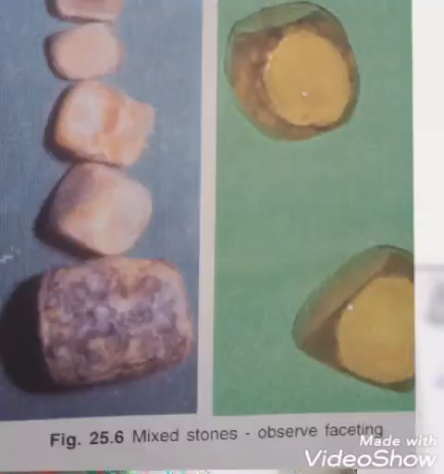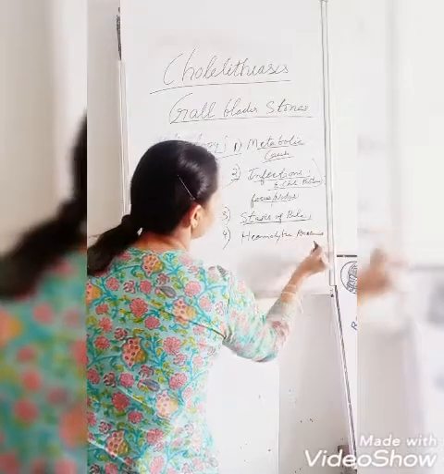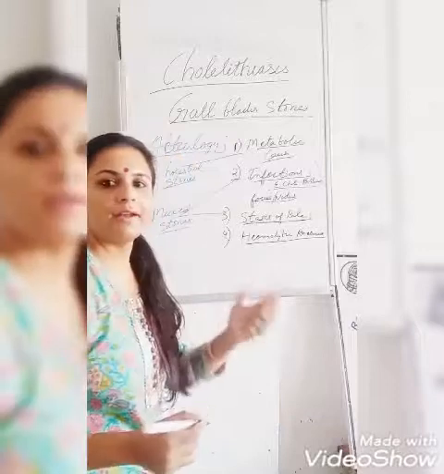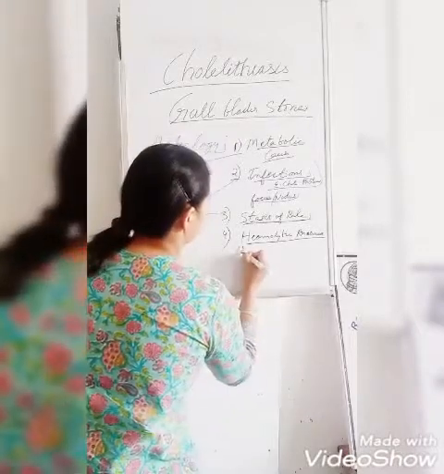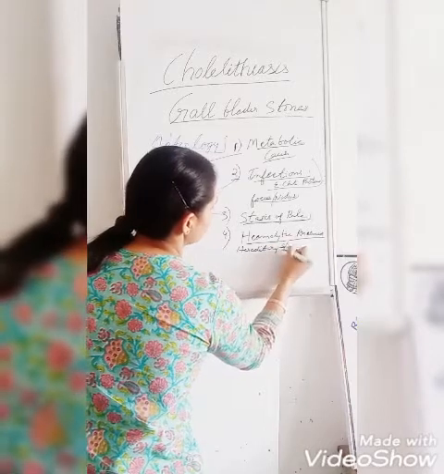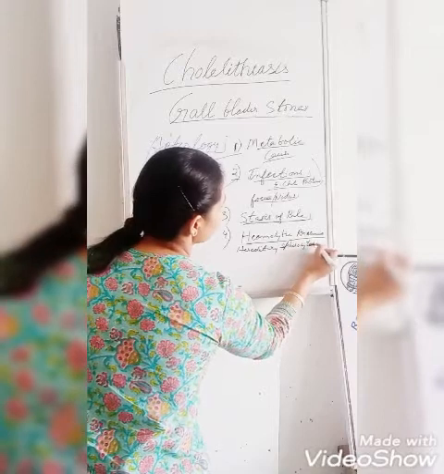Number 4 is hemolytic anemia, or sickle cell anemia, or hereditary spherocytosis.